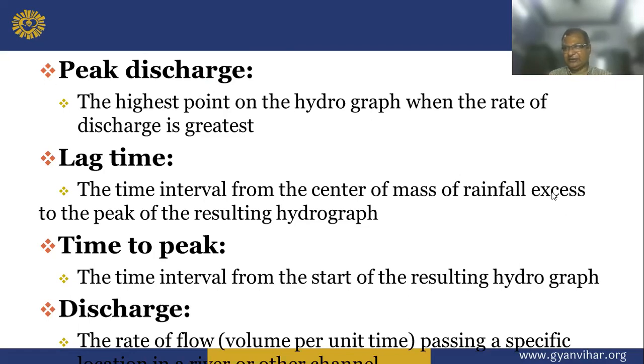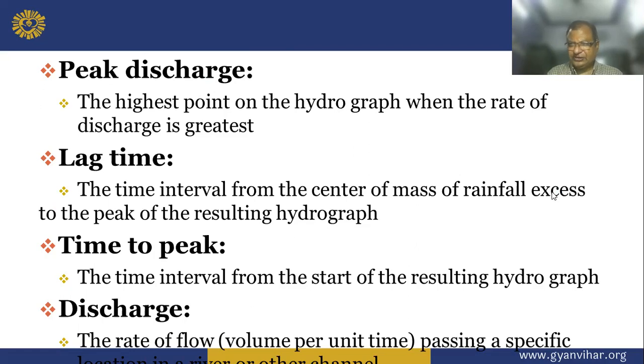Now peak discharge: the highest point on the hydrograph, when the rate of discharge is greatest. Lag time is the time interval from the center of the mass of rainfall excess to the peak of the resulting hydrograph.